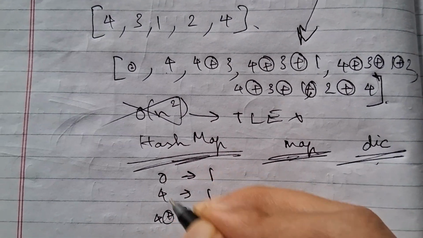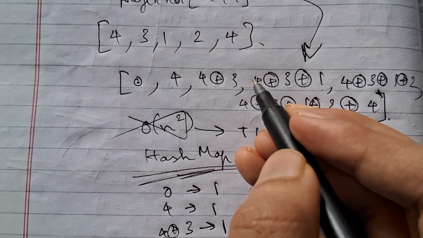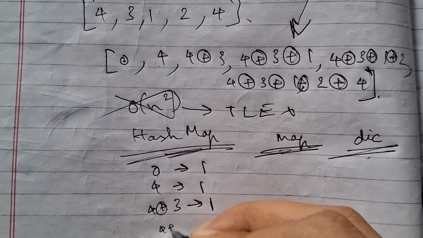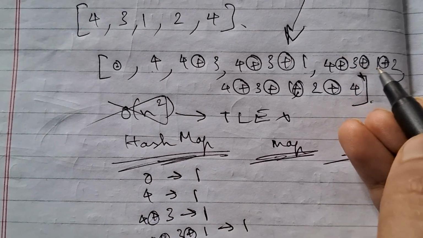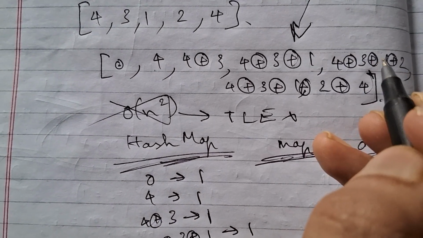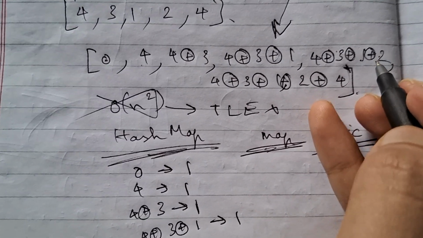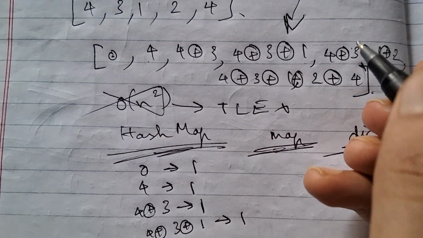4 XOR 3 is none of 0 or 4, so it is 1. For 4 XOR 3 XOR 1 it is also 1, right? Now for 4 XOR 3 XOR 1 XOR 2, here comes one thing: 3 XOR 1 XOR 2 is actually 0. So 4 XOR 0 is 4, right?